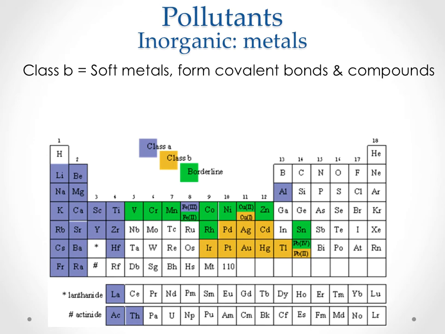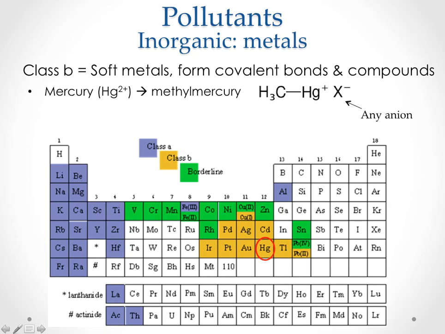So in Class B, we have soft metals. They form covalent bonds and compounds. So this, again, it's these yellow ones down here. And a big one is mercury. You've probably heard a little bit about that already. And mercury starts out as a cation, but then it forms bonds with carbon, like CH3, here to form methylmercury, which is actually where it begins to get really toxic and cause problems in the food web.